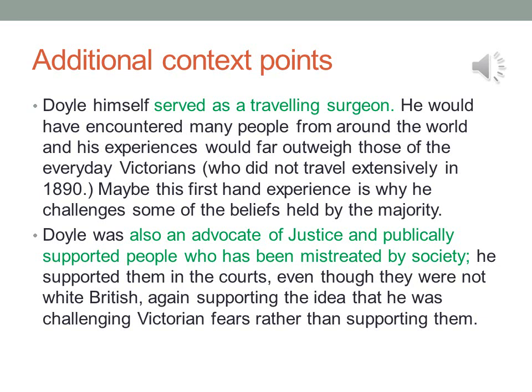He supported them in court, where everyone would see his argument. So maybe, his support of people that others would disregard shows that Conan Doyle was very different to everybody else. He didn't have those same views that just because people are from certain places, they should be treated differently or unfairly or feared.